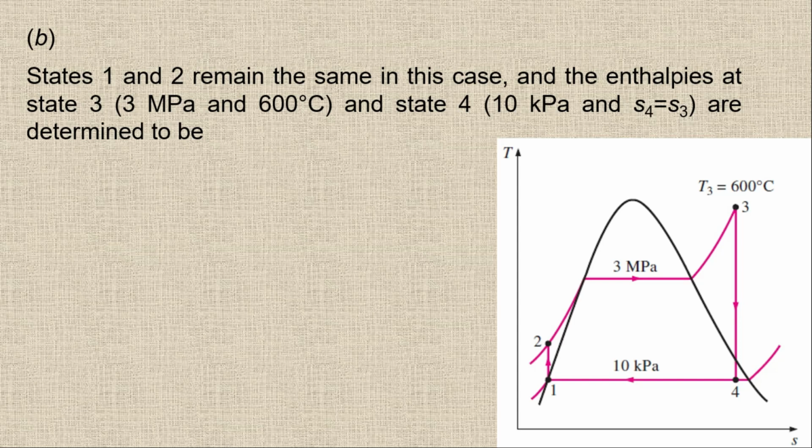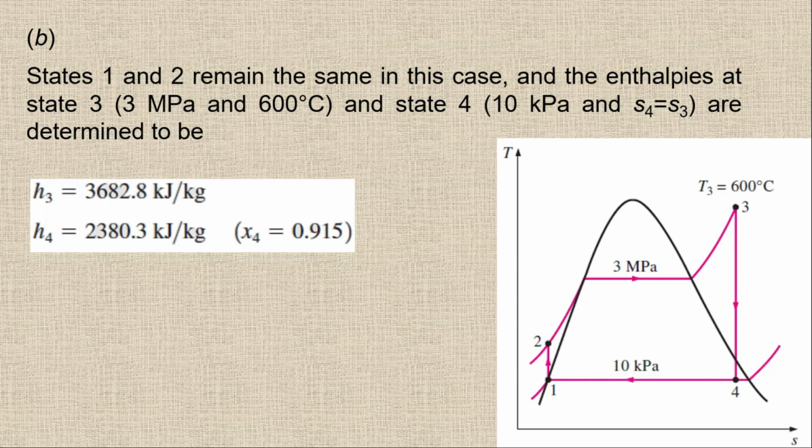So I'm not going to solve states number 1 and 2. For state number 3, we have 3 megapascal and 600 degrees Celsius. So you will get the value of H3, which is equal to 3682.8 kilojoule per kilogram, and you will find S3. By putting S3 equal to S4, you have to first find the quality, because you will get a vapor-liquid mixture.